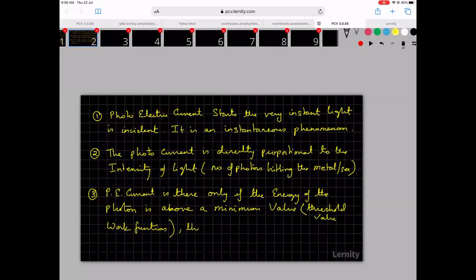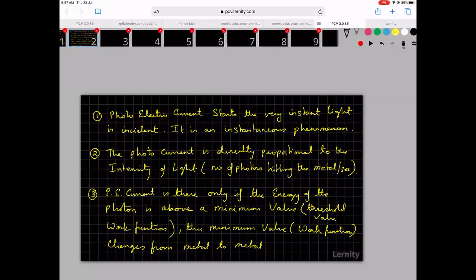Now this minimum value, which is also called the work function, changes from metal to metal. Different metals have different work functions.